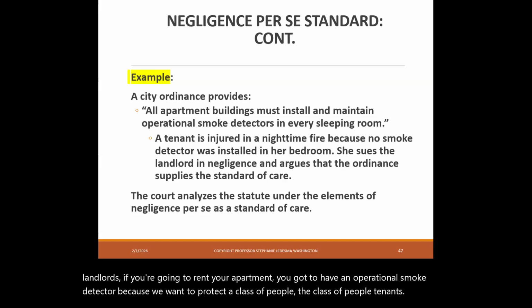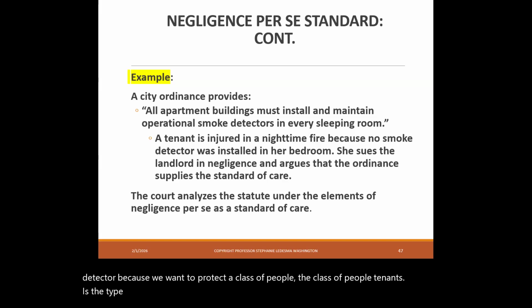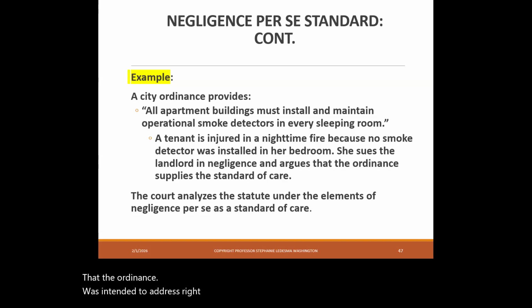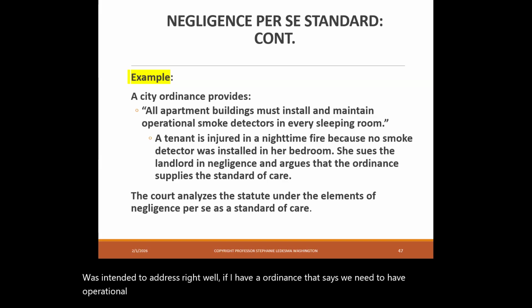Two, is the type of harm the kind of harm that the ordinance was intended to address? Well, if I have an ordinance that says we need to have operational smoke detectors, what type of harm is the ordinance purporting to protect?